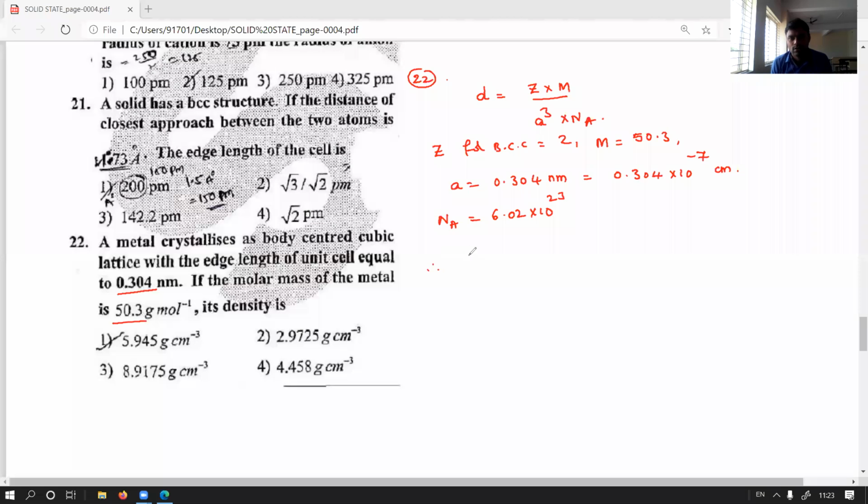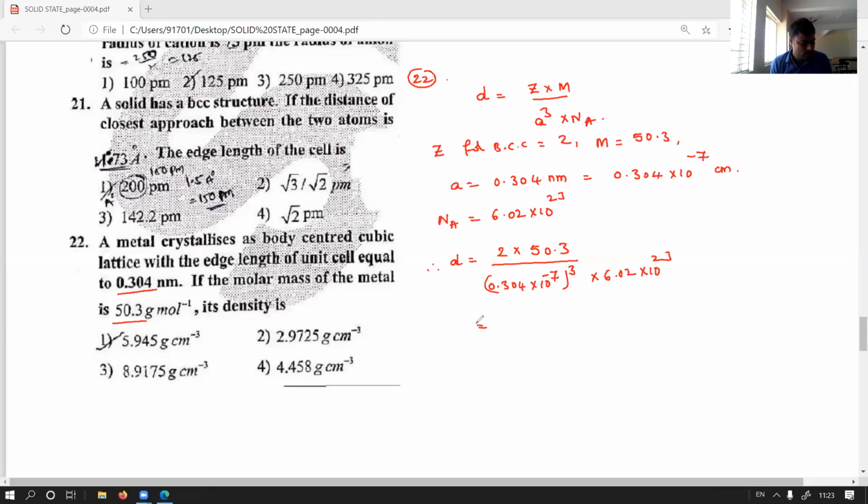Therefore density D is equal to 2 into M, the molecular weight of atoms present in BCC crystal, that is 50.3, by a value 0.304 into 10 to the power of minus 7 whole cube, into 6.02 into 10 to the power of 23.